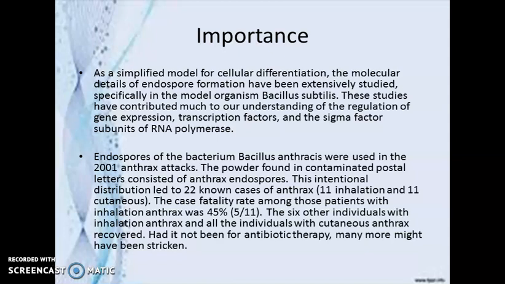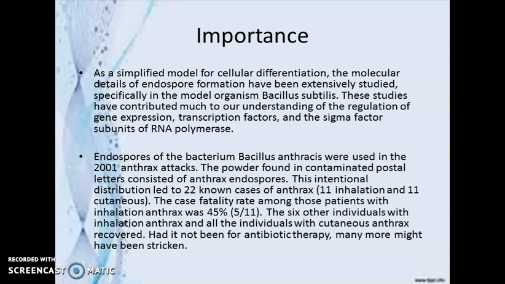The powder found in the contaminated postal letters consisted of anthrax endospores. This intentional distribution led to 22 known cases of anthrax. Among the 22 known cases, 11 were inhalation and 11 were cutaneous.